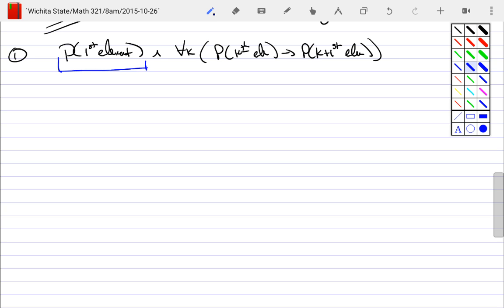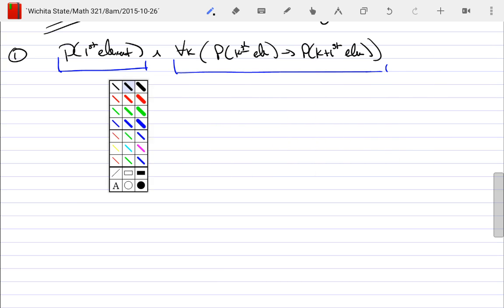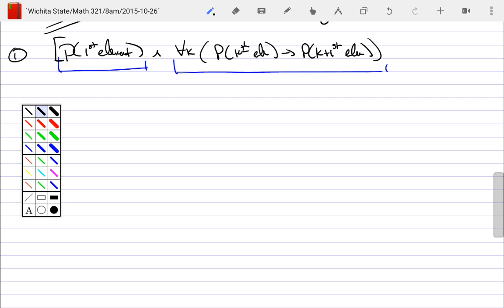I have this object in conjunction with this object. Those two objects together imply for all n, p of n. What does for all n, p of n mean? That simply says that the propositional function is true for all elements in the universe of discourse.